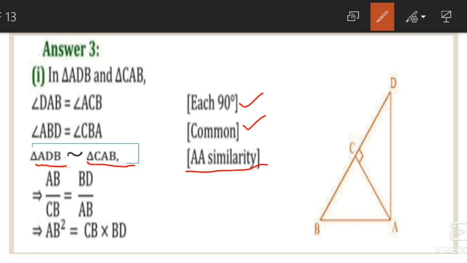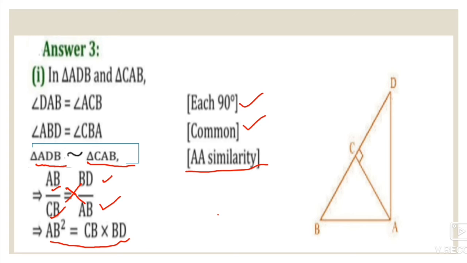Now since they are similar, you can say that AB by CB is equal to BD by AB. Now if you do the cross multiplication, you will get AB square is equal to CB into BD. In this way you have to solve question number 3 part 1.